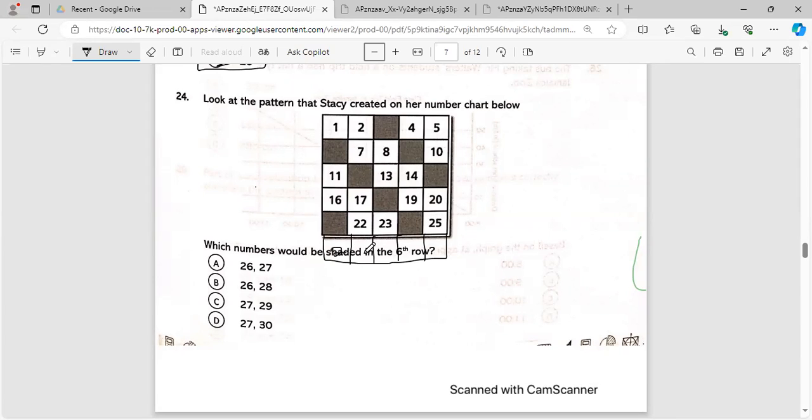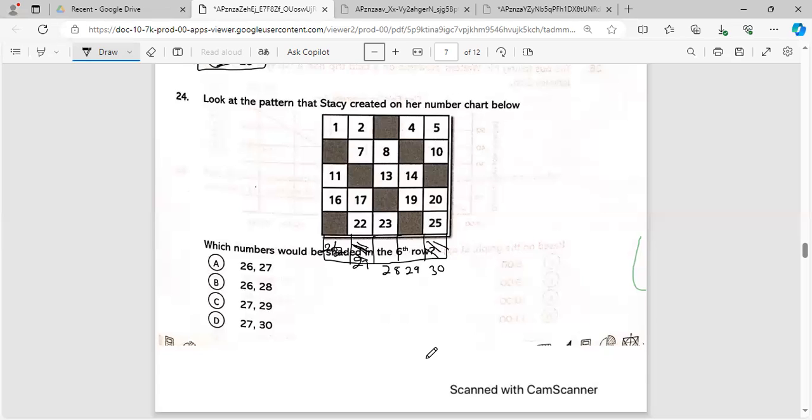And then block. Yes, sir. So I'm thinking B, sir. This would be 26, and the block 27, right? Then you have 28, then 29. Sir, I think it is B. Sir, it's B.